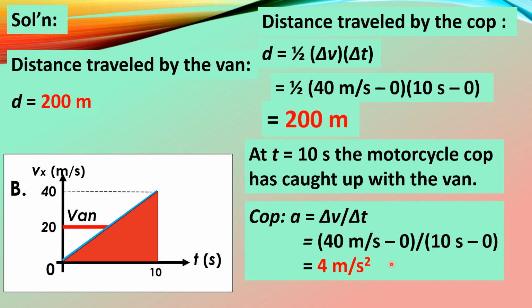So what we got is 4 meters per second squared. So it appears that this graph shown in option B completely illustrates the given problem situation.